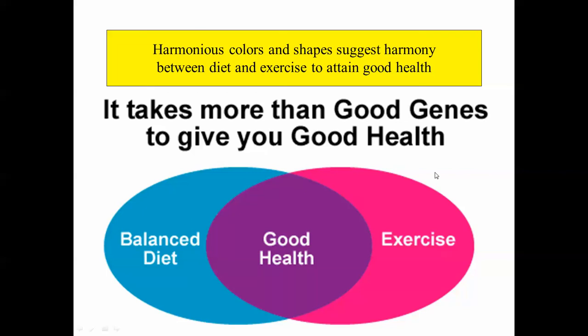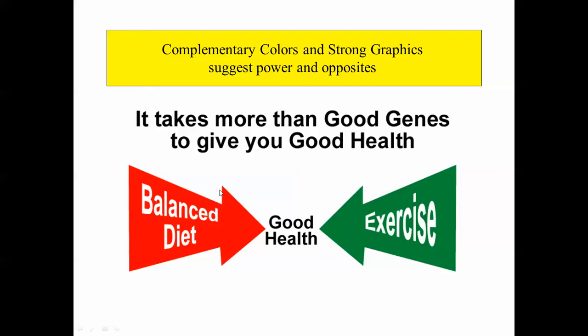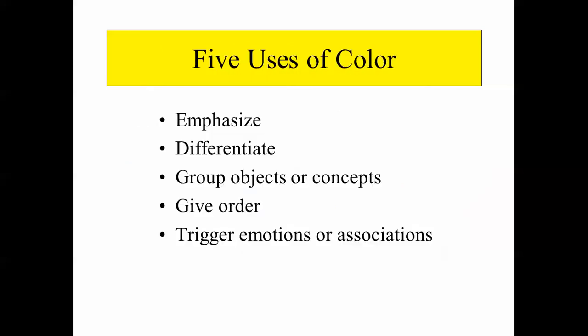Now here is the same image, but it has complementary colors. And the shapes are arrows, which suggest strong graphics and power in opposites to get good health. So it depends on the color you use and the objects you use.